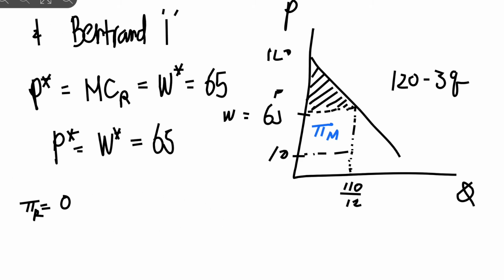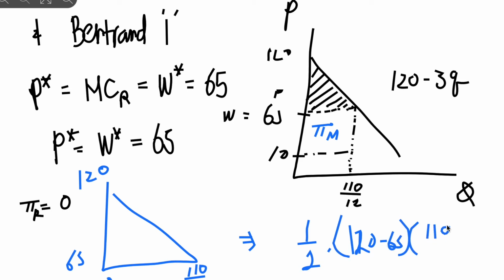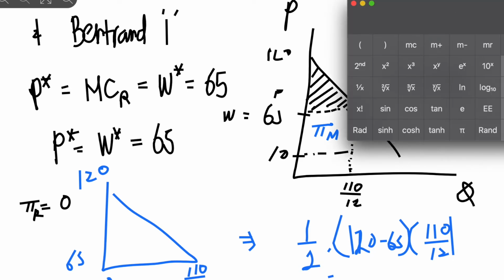In that case, our consumer surplus is a triangle of 120, 65, 0, and 110 over 12. So the consumer surplus is half of 120 minus 65 times 110 over 12, which is about 252.